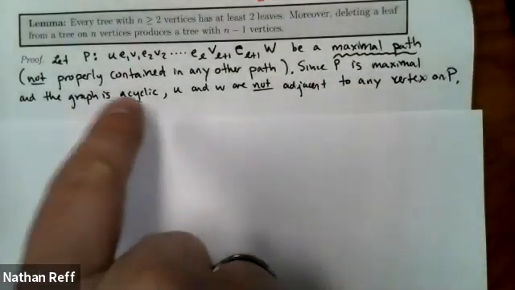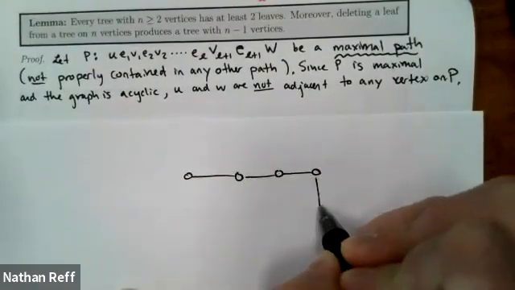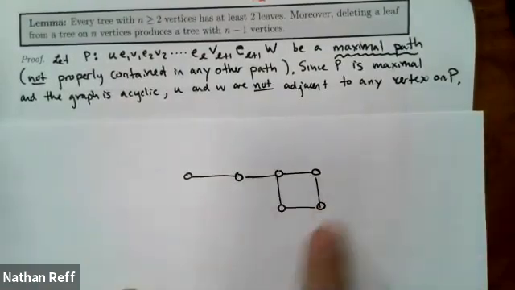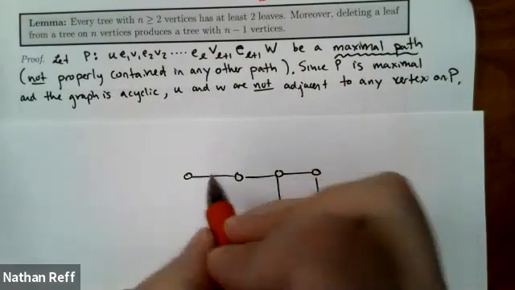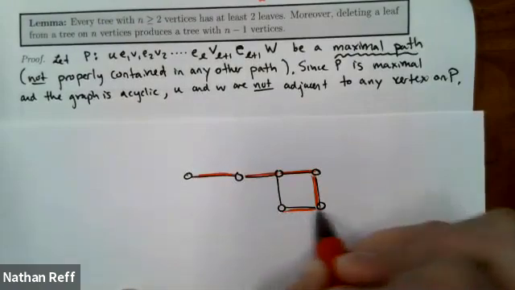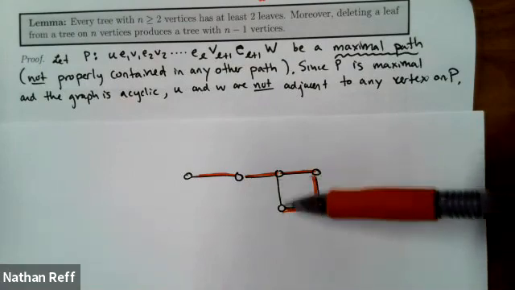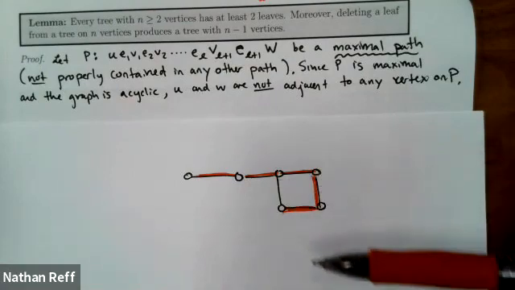If you didn't have that acyclic condition, let's say that I had this graph. Do you agree that this red thing is a maximal path? Does everyone agree that the red is a maximal path? Because if I were to try to add in that extra edge there, it would no longer be a path, right?